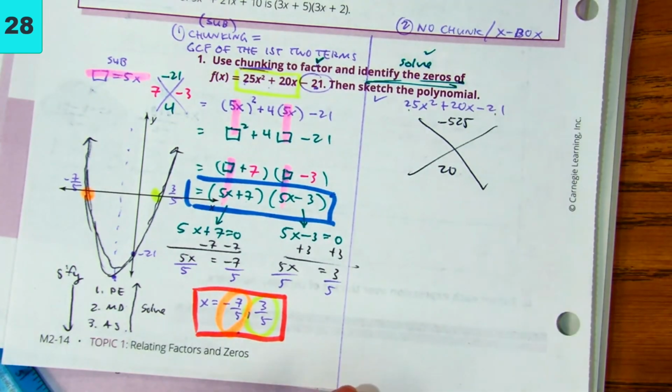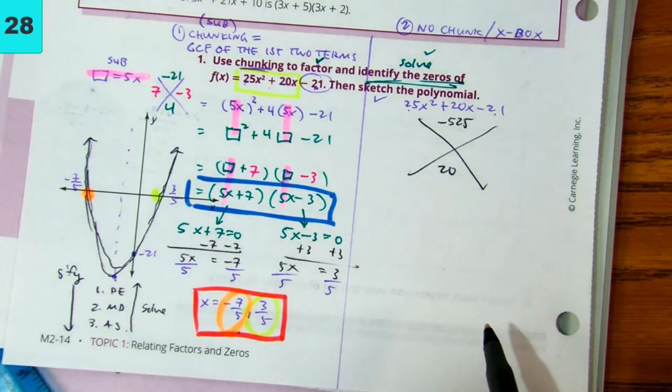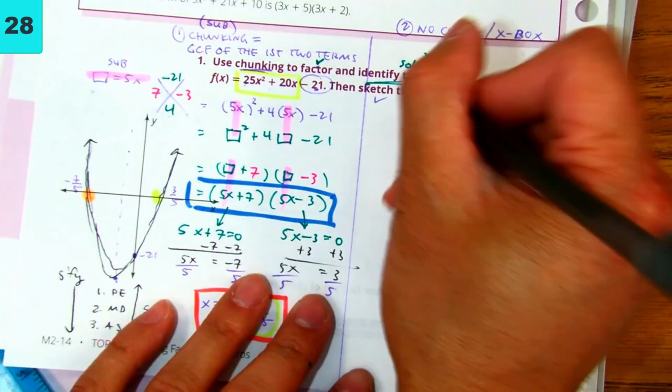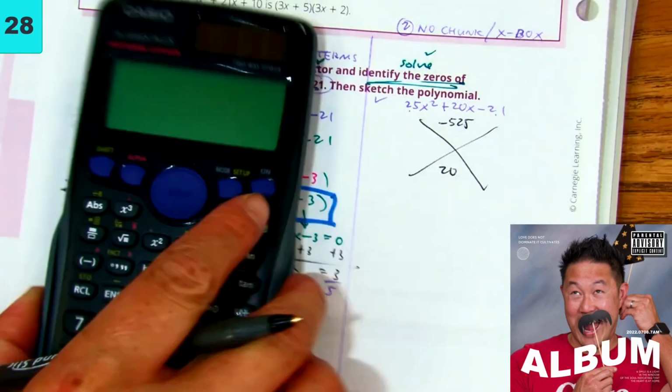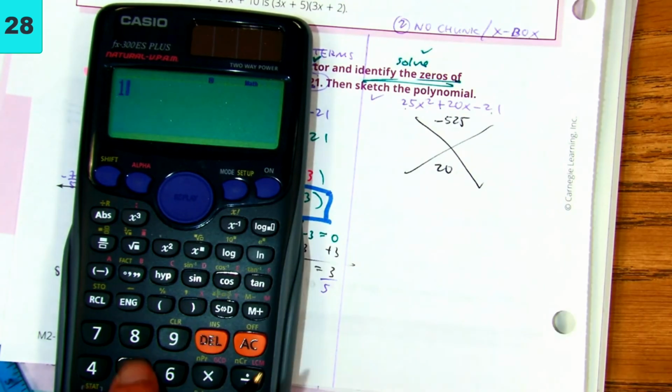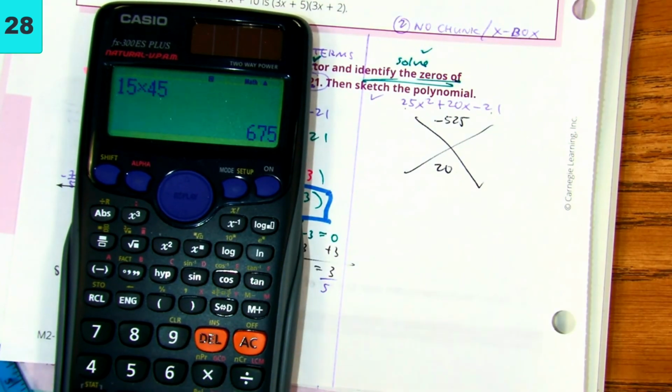What are your two numbers? 15 and 35? 45? Not 35, yeah, 35.